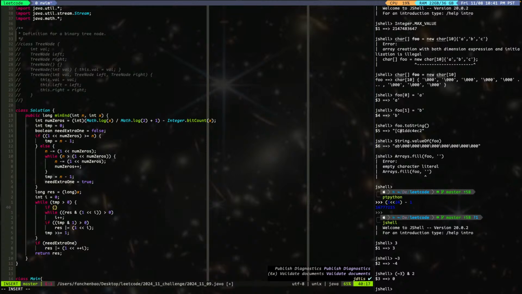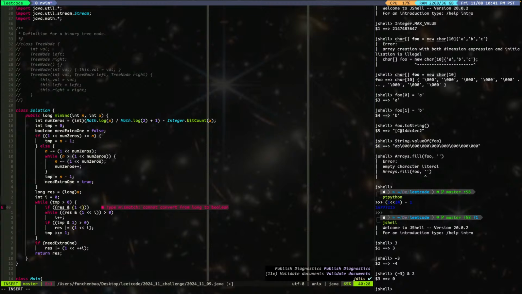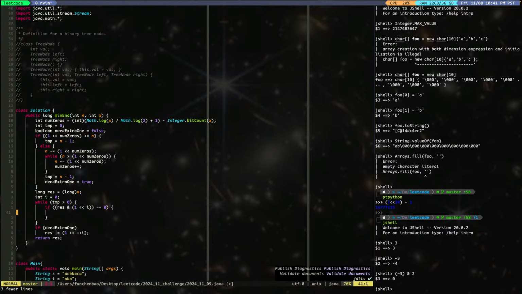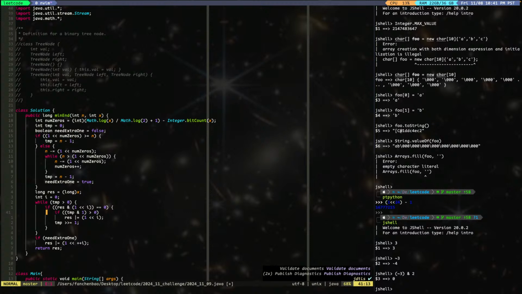So we can say if res and 1 left shift I is equal to 0. Okay, if it's equal to 0, we don't do this, and we do this. And I plus plus. I always plus plus every single time.